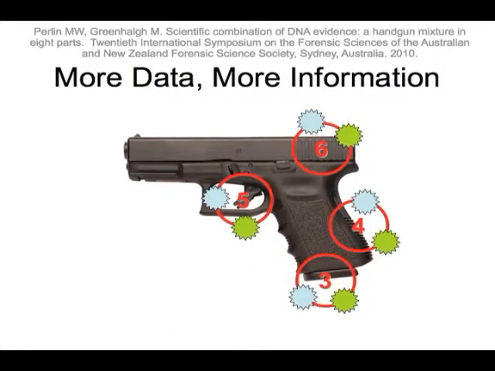We're going to give one last example from a case, again showing that more data can give more information to tame uncertainty by using joint likelihood functions and combining data in a rigorous way. Here's a handgun where there were four swabbings made and two amplifications indicated by the little stars from each area that was swabbed.